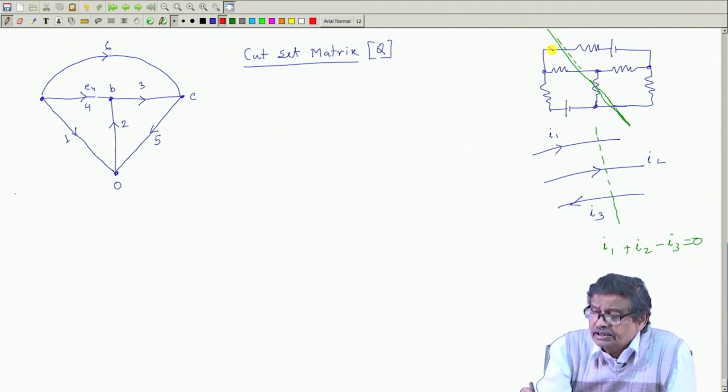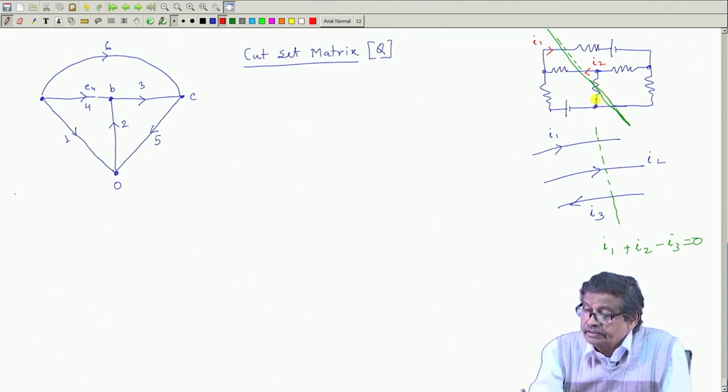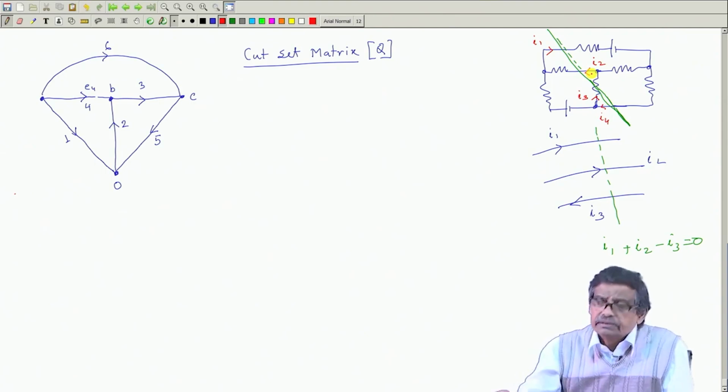Suppose after solving the network you find this is I 1, this is I 2, this is I 3, and this is I 4. So, I have divided the network into 2 halves, as if by drawing a line, you can cut the network into 2 halves, cut.